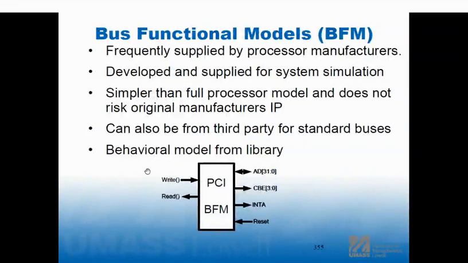Okay, so we've talked about it. We'll keep talking about it. But here's the bus functional model. Bus functional models come from you. You know that. You did that in homework 4. They come from third parties like this. So this is PCI, for example, right? It's maybe a little old example, but on our left are the functions that you would use to call this, right?